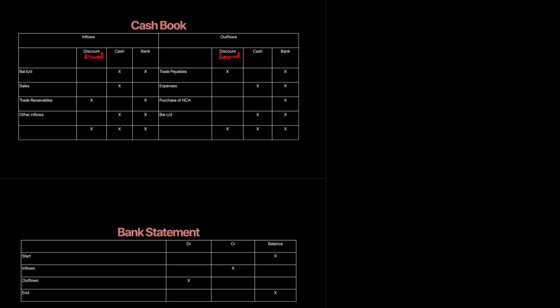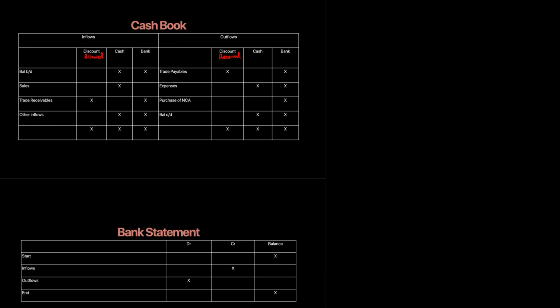After the company has prepared its cash book, it will also reconcile its cash book with the bank statement, because very often there can be transactions that are missed by both the company in the cash book and the bank in the bank statement. All transactions that the company has missed out, they can find in the bank statement on the credit side or on the debit side.